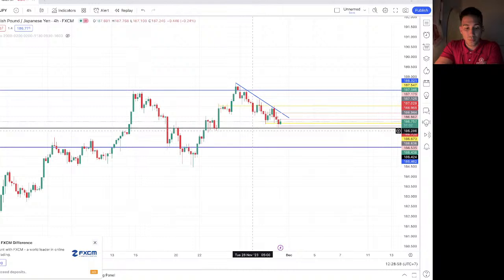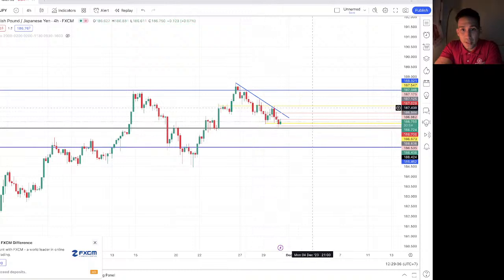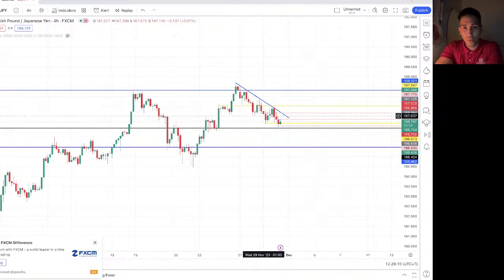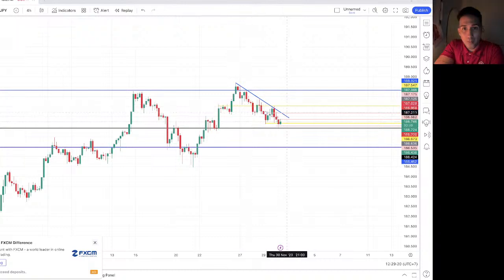If we see a push past this area, this range that the price has been going up and down in, then to fill these clean candles here, we're going to have, let me see, 72 pips. So that's the range for going bullish.